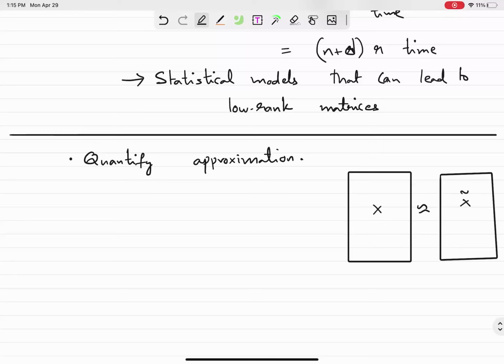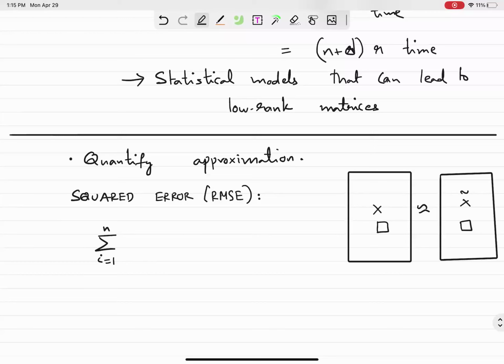Okay, so what's the approximation that you should take? There are various notions. The most versatile is what's called the squared error, or RMSE. Here you just look at each entry and compare the squared error between those entries.